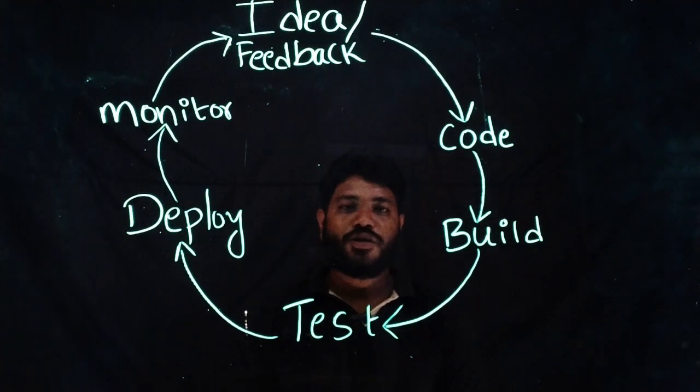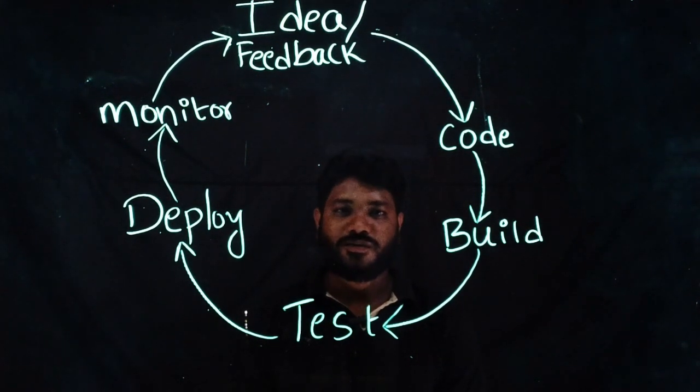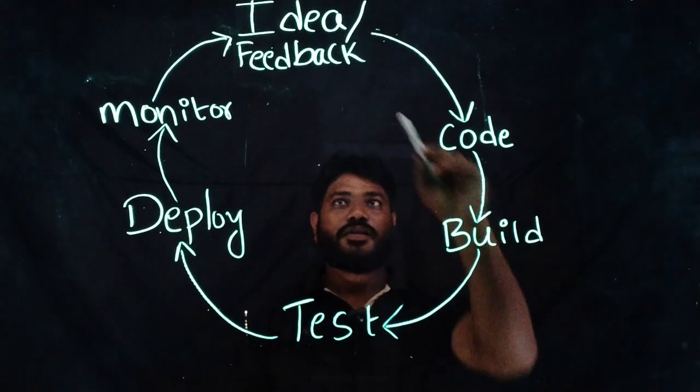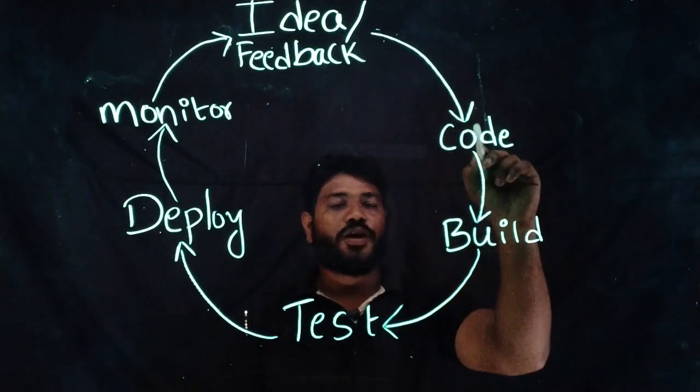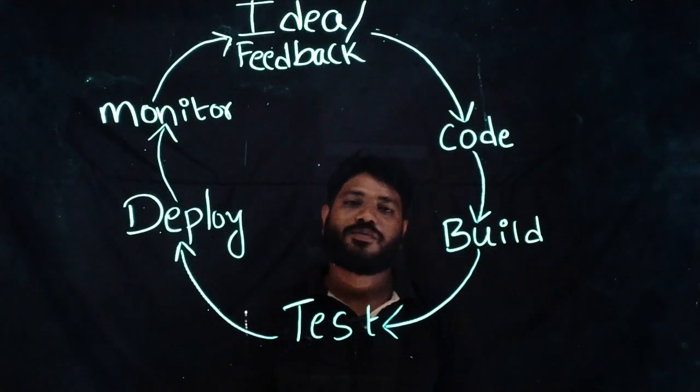So you need to convert your code from human understandable to computer understandable. That's the phase called build. So here you got the idea, you have written the code, and you make your code computer understandable.